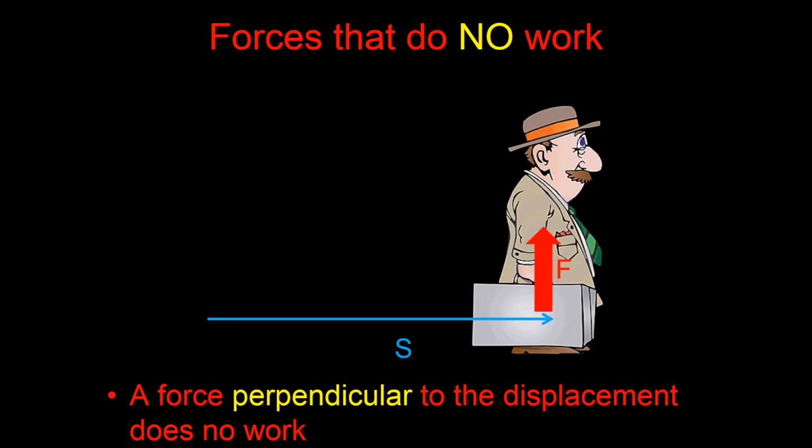So in this case, if he's moving at some constant velocity here, and we're looking at F just being upwards, we cannot say this F times this S. So a force 90 degrees to your displacement does no work. This is a case where you cannot apply work equals F, this F especially, times this S.